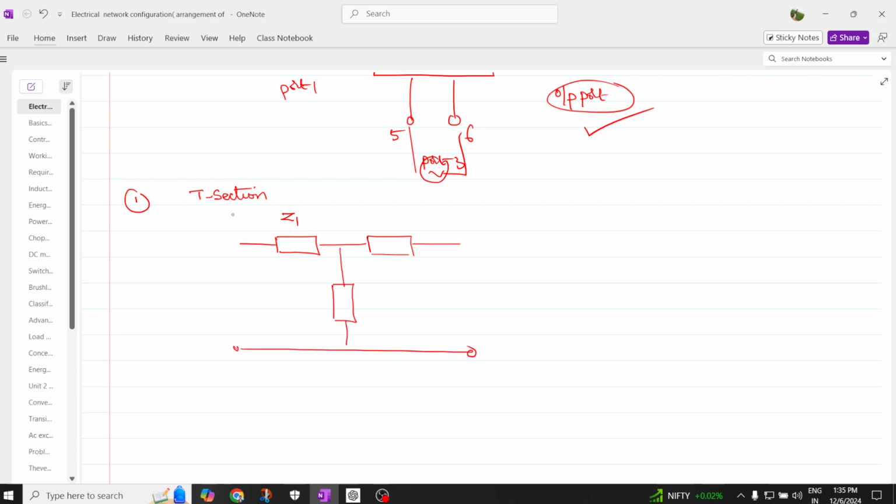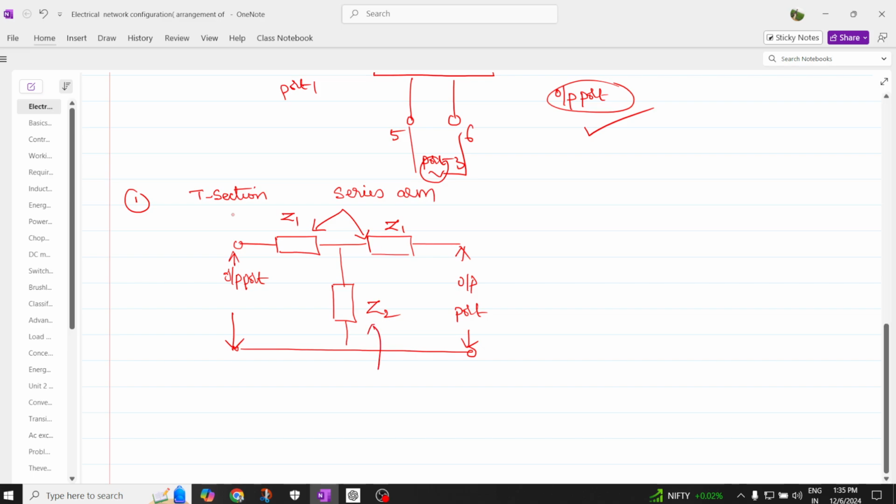This is called input port, and this is called output port. Here Z1 and Z2 are connected in series arms.